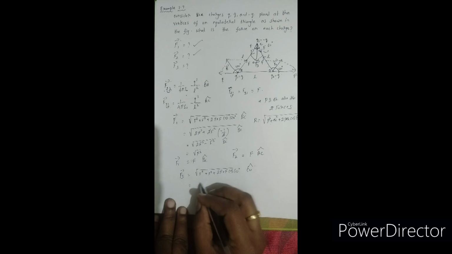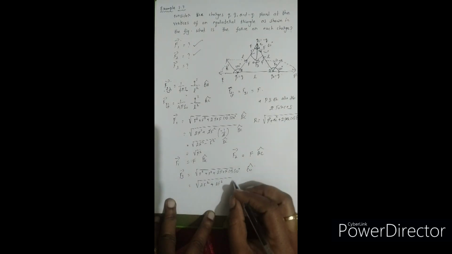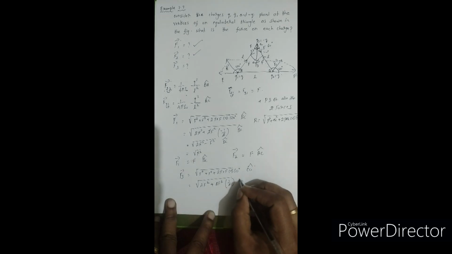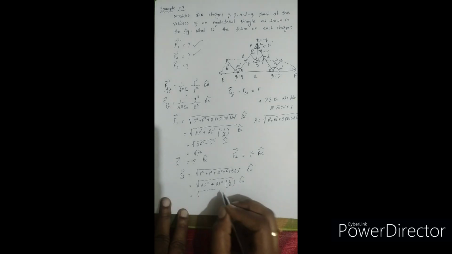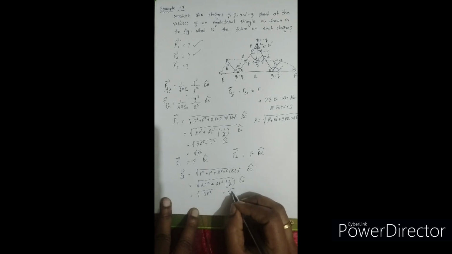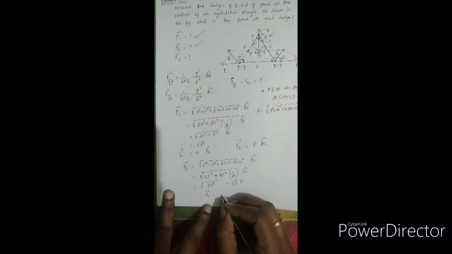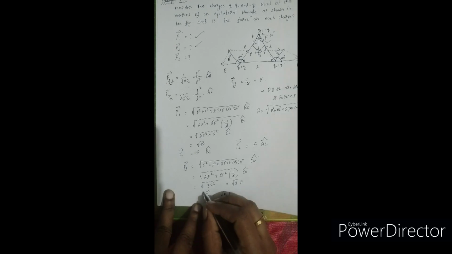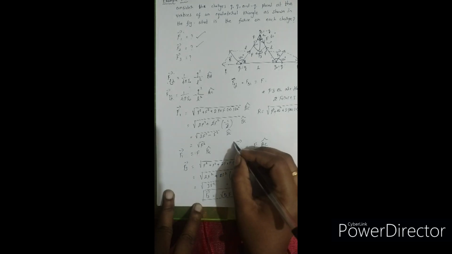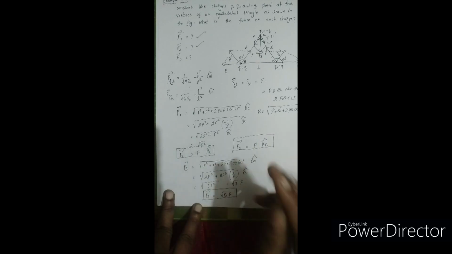So this will be equal to 2F square plus 2F square cos 60, where cos 60 is 1 by 2, so the 2 and 1 by 2 cancel off, along CO. This is going to be 2F square plus F square, 3F square, which is equal to root 3 F. So F3 vector will be equal to root 3 F. So this is the value for F3, this is the value of F2, and this is the value of F1.